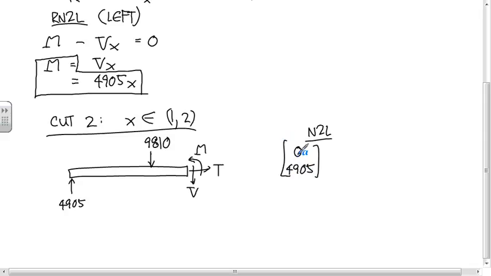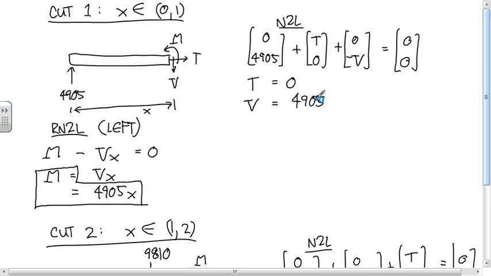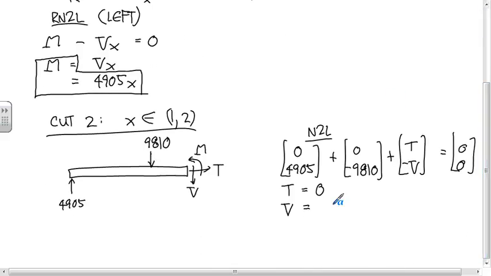So Newton's second law says 0 = 4905 + 0 - 9810 plus, I'm going to combine the T and V into one vector. Just add them together and you get a vector like that, equal to zeros. And so you get that the tension is still 0, but the shear force, instead of positive 4905 up here, is now equal to negative 4905.